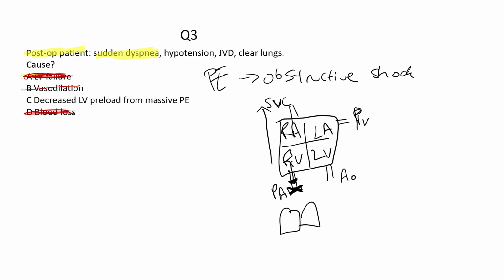In that case, you will have hypotension because you're not pumping blood forward, and you'll have JVD. And that's the reason why you'll have decreased preload, because you have an obstruction along this circuit, which means the blood has difficulty coming back to the left atrium, which will cause a decreased preload. All right, and that's why choice C is the right answer.